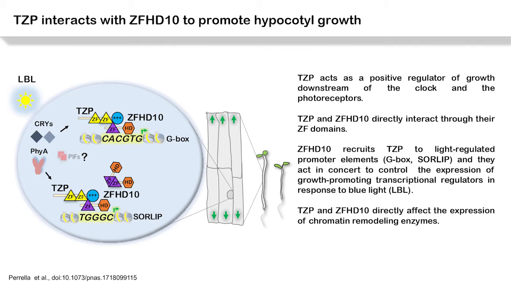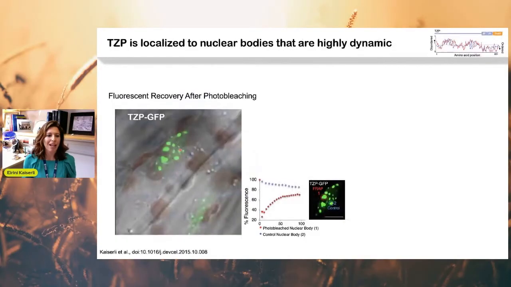Through genetics and next generation sequencing, we showed that they can associate with specific promoters of genes that are known to be very important for hypocotyl elongation. We know that these 2 proteins are part of a complex that acts downstream of the photoreceptors. So this is one of the ways this protein, TZP, can induce gene expression that regulates hypocotyl elongation in response to low blue light.